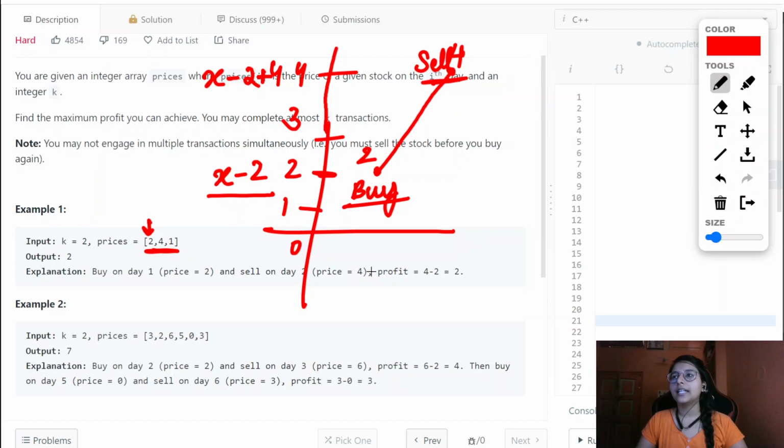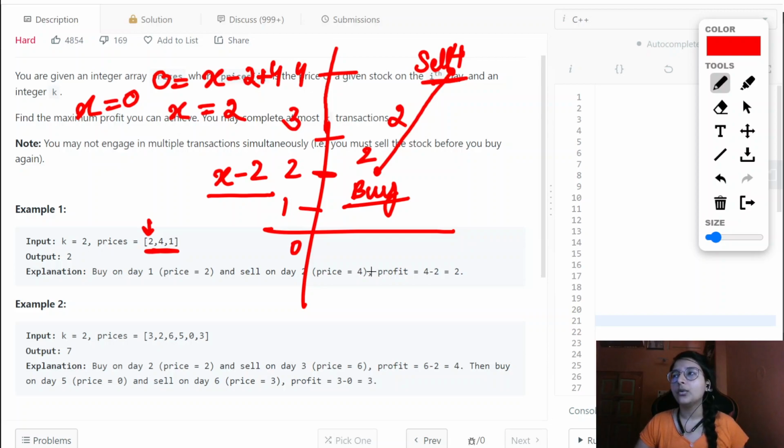If the value of X is equal to 0, basically here I'm saying X for the profit, so X becomes 2. So here we earn a profit of 2.